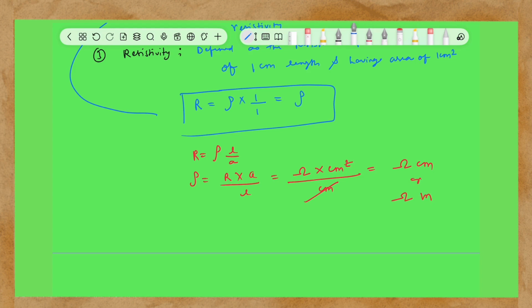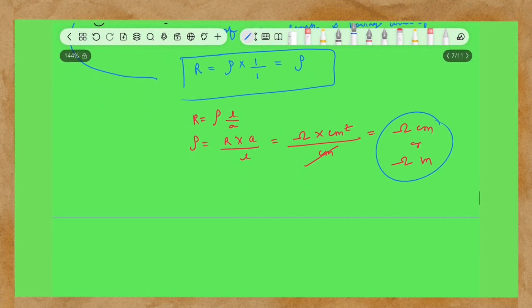So this is the unit, ohm centimeter or ohm meter. It changes: if I take centimeter, then it becomes ohm centimeter. If I have the unit in meter, then it becomes ohm meter.